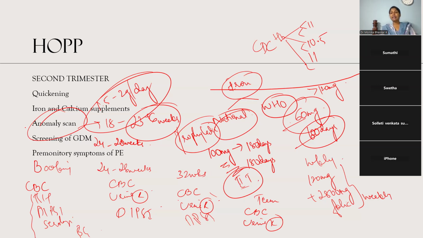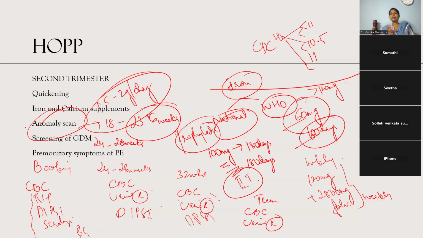Then if you diagnose FGR, she requires frequent growth scan and Doppler monitoring, and we have to plan her delivery accordingly. And if it is more than 95th centile, again, she falls into a category of large for gestational age, and again, we have to decide on mode and timing of delivery in such cases.